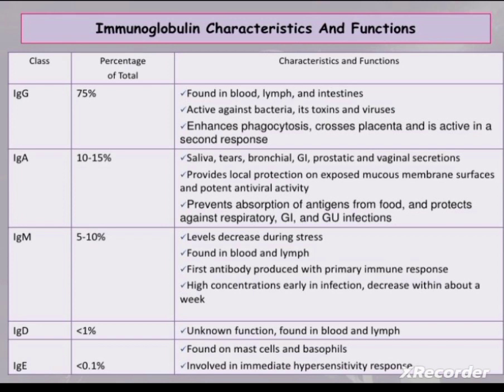The five classes of immunoglobulins have been recognized, that is IgG, IgA, IgM, IgD and IgE.